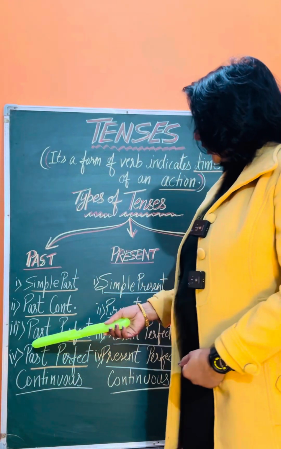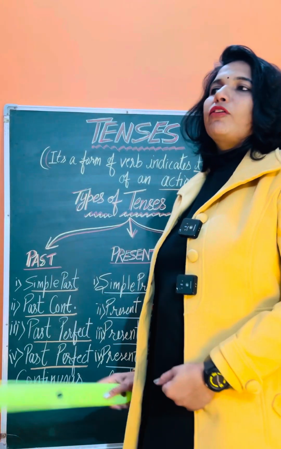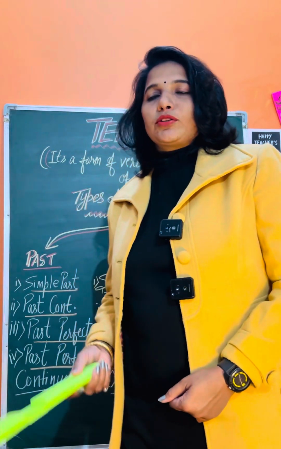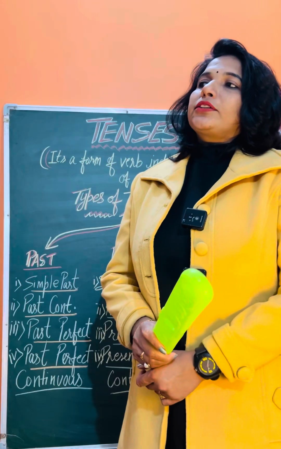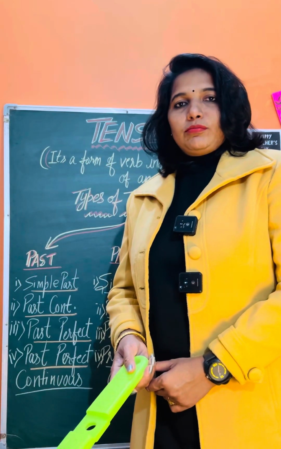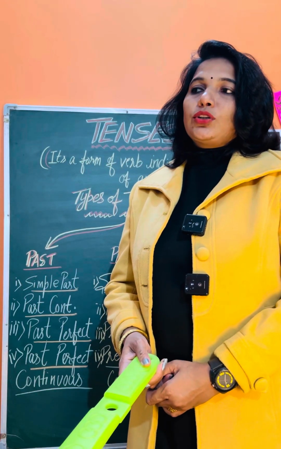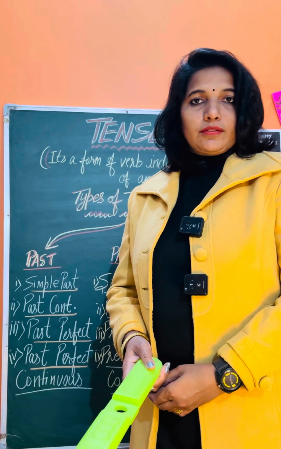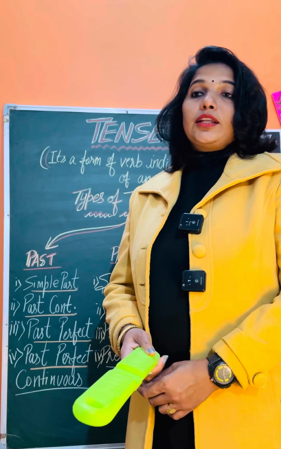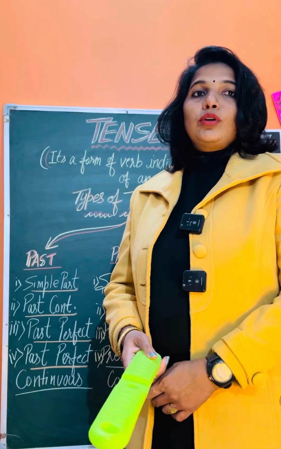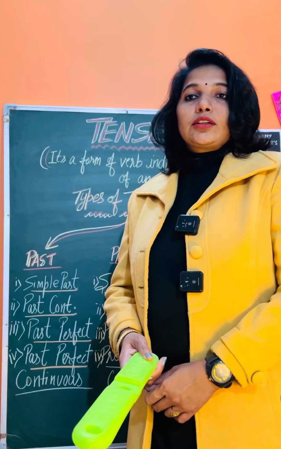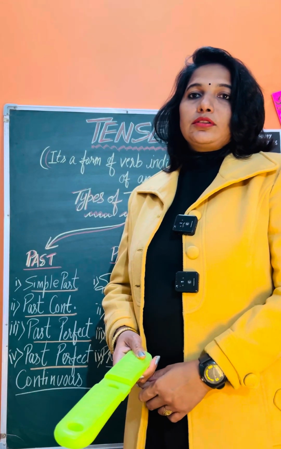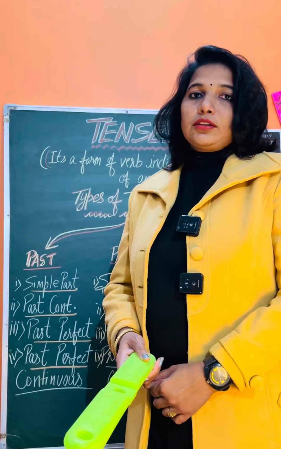Okay. Next is past perfect. For past perfect, you need to frame your sentence as subject plus had plus third form, right? I had taught you yesterday, right? I had, they had, you had studied grammar 2 days back.